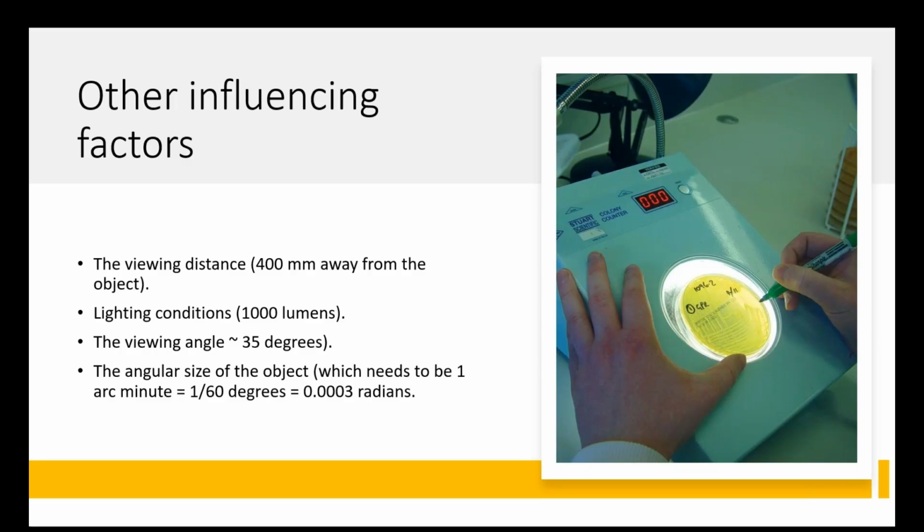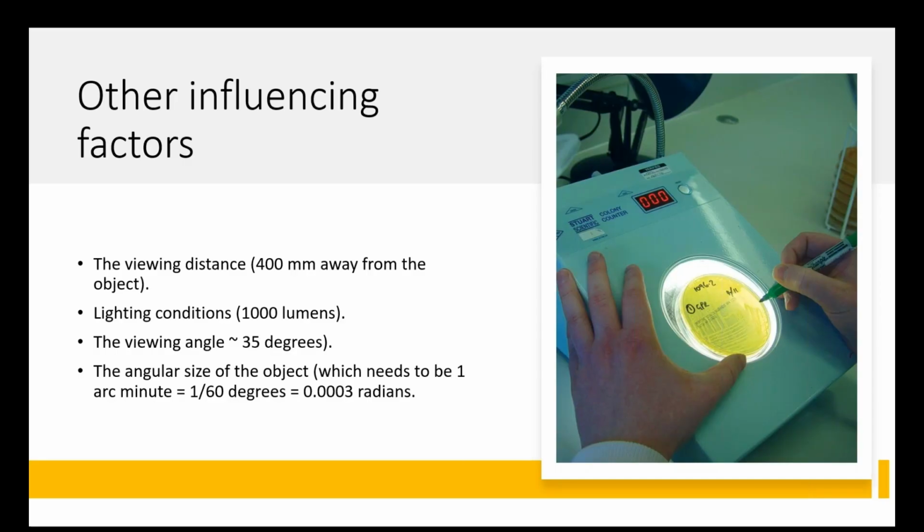There's also the need to have appropriate lighting conditions, and we can express that in either lumens or lux, but there's going to need to be a bright enough light source, and again, the use of a white light is generally preferable to an amber coloured light, or the type of light that might be more conventional in, say, an angle poise lamp.